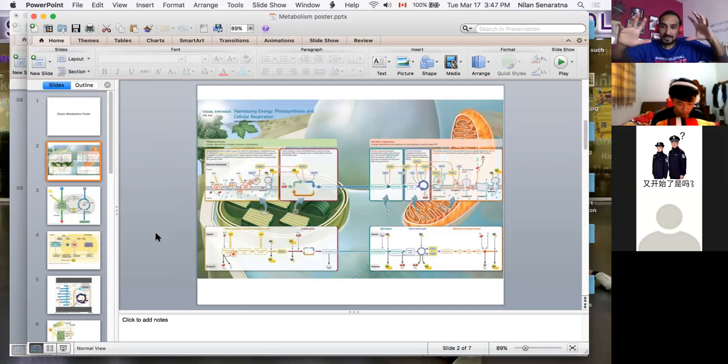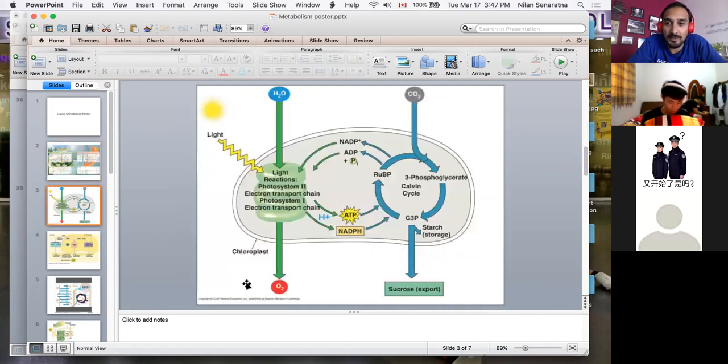But it'd have to be a plant cell, I guess. And you would allow for flow of, for example, oxygen to go from one organelle to the other, and CO2 to go from the other organelle across. So you're now connecting these two topics. And you would build a really big poster that links the two ideas together. These are just examples that I usually provide, and I'll put this up on iLearn as well.